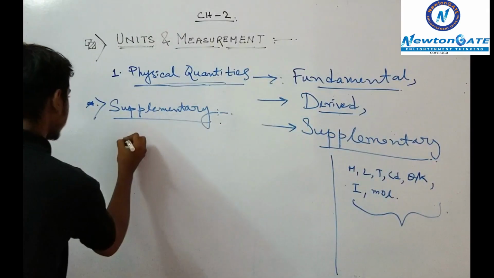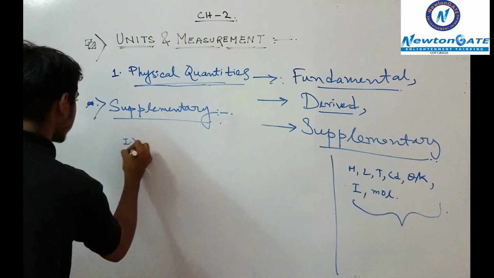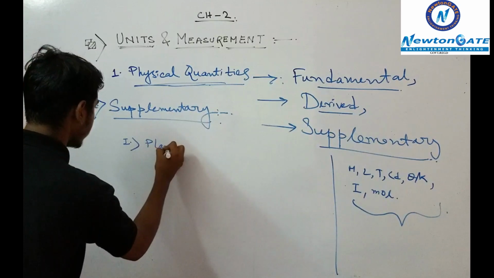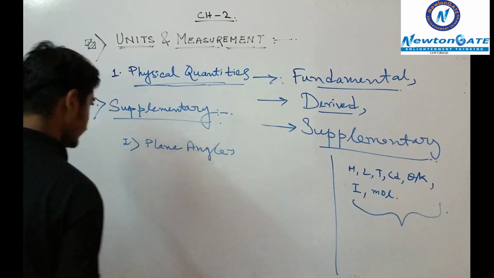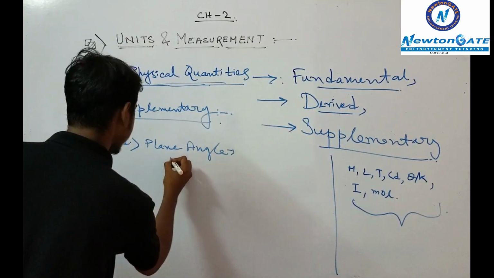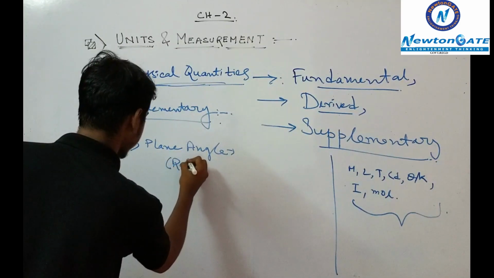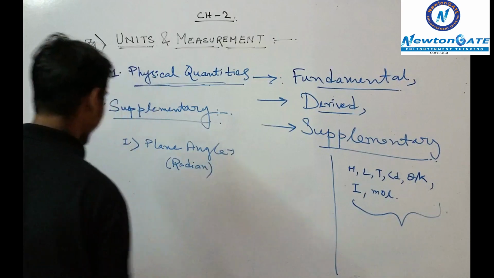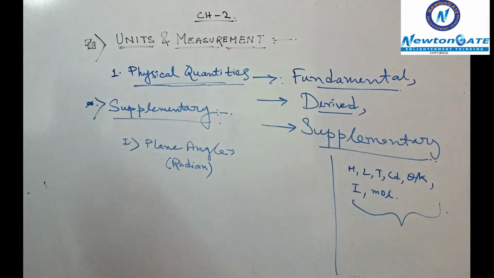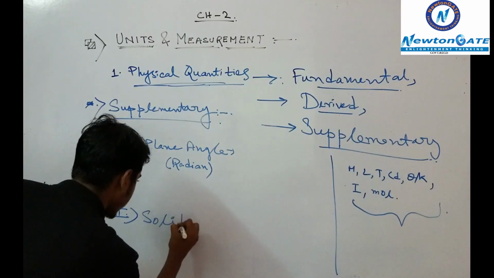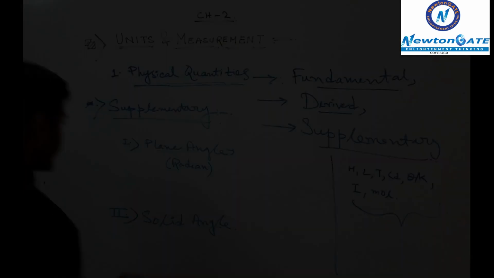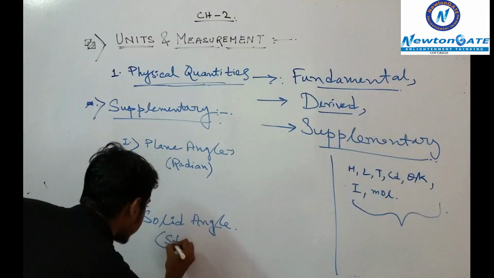Now coming to the supplementary units. There are 2. First one is plane angle, expressed in radian. Number 2 is solid angle, expressed in steradian.